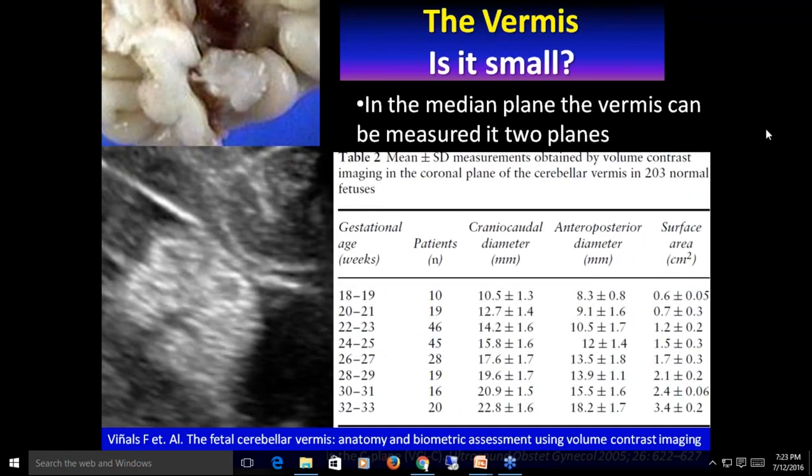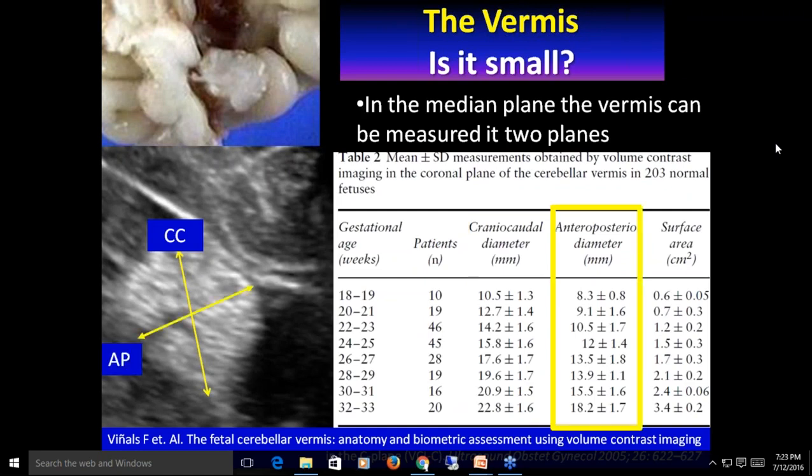Now the next question that we need to address is, is the vermis too small? In the median plane, the vermis can be measured in two planes, in the craniocaudal diameter and in the anterior-posterior diameter. And as you can see, there are tables here demonstrating the mean and the standard deviation of these two measurements.